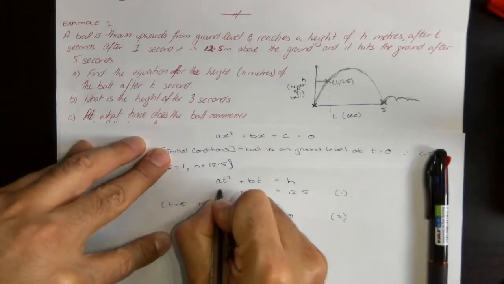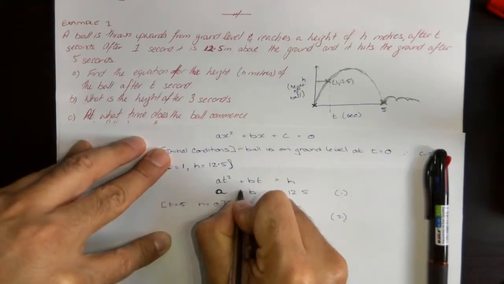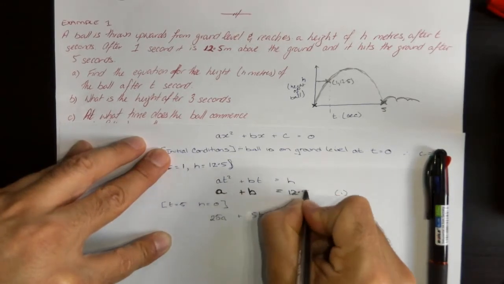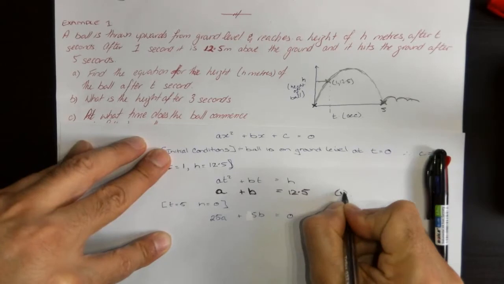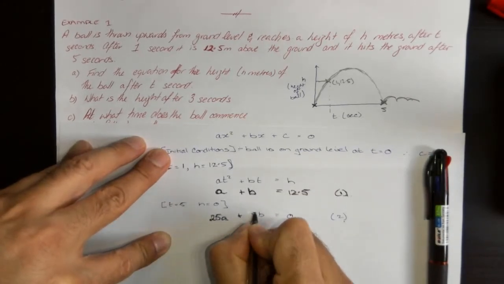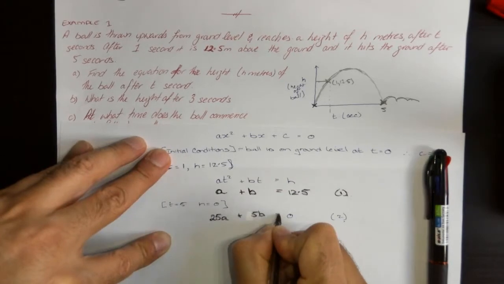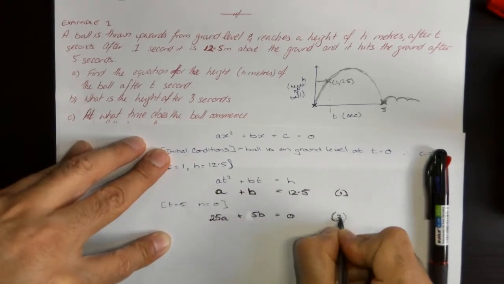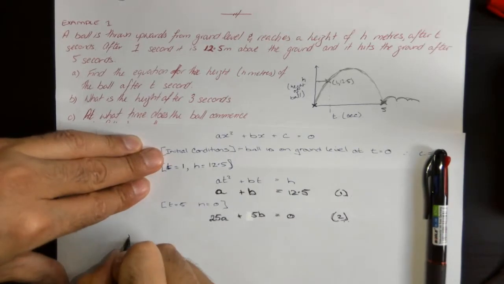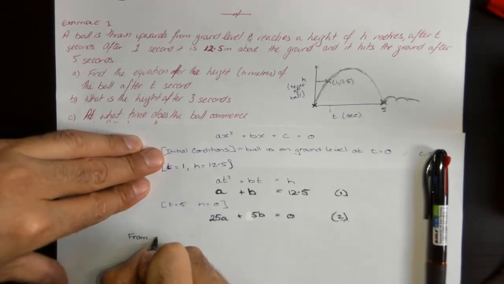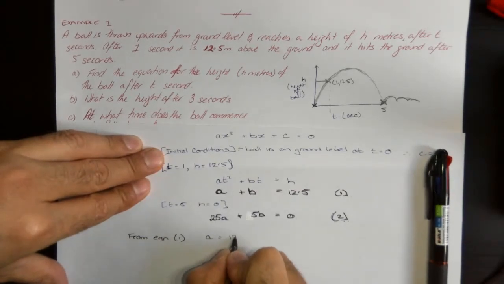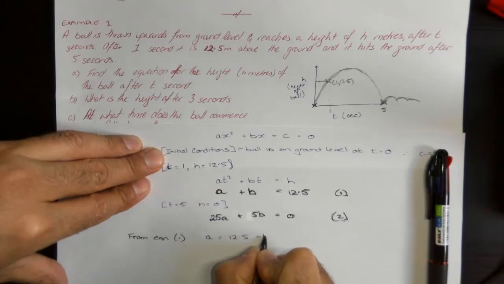So I have this a plus b equals 12.5, equation 1, and I have 25a plus 5b equals 0. That's equation 2. So using substitution methods from equation 1, I can get a equals 12.5 minus b.